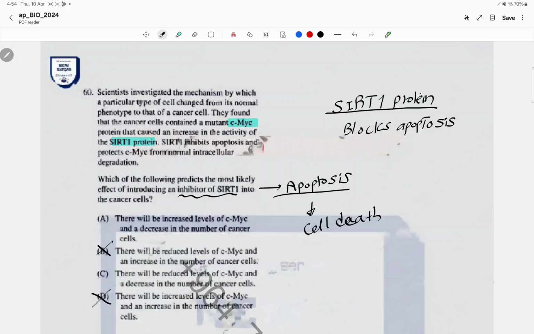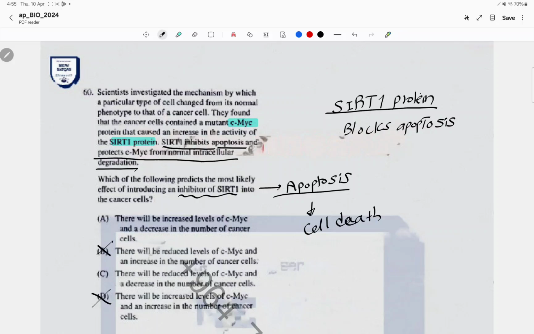Will you affect the levels of CMYC? That's the question. So SIRT1 not only inhibits apoptosis, it also protects CMYC from normal degradation.